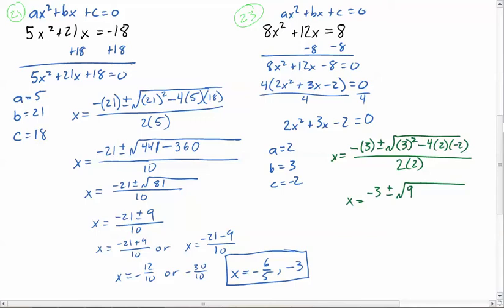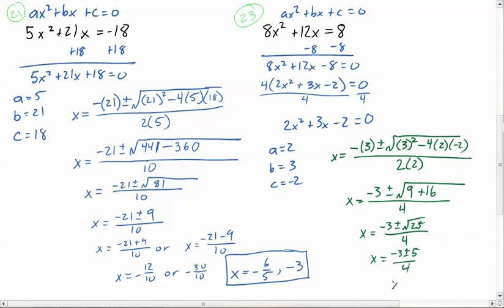Negative 4 times 2 is negative 8 times negative 2 is 16. So plus 16 all over 2 times 2, which is 4. Oh man, we're getting close. X equals negative 3 plus or minus the square root of 9 plus 16, which is 25. Oh, look at how nice that works out. So x equals negative 3 plus or minus 5 over 4.